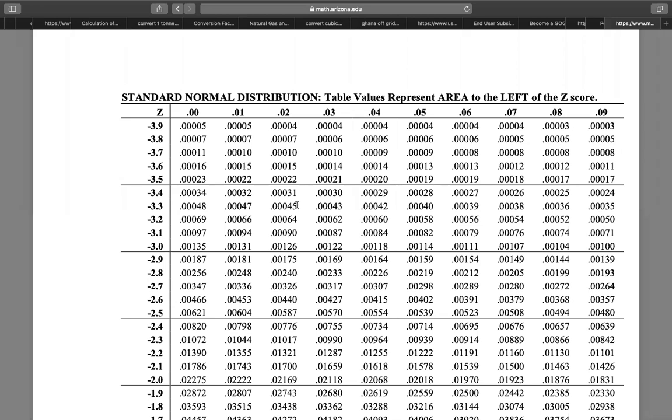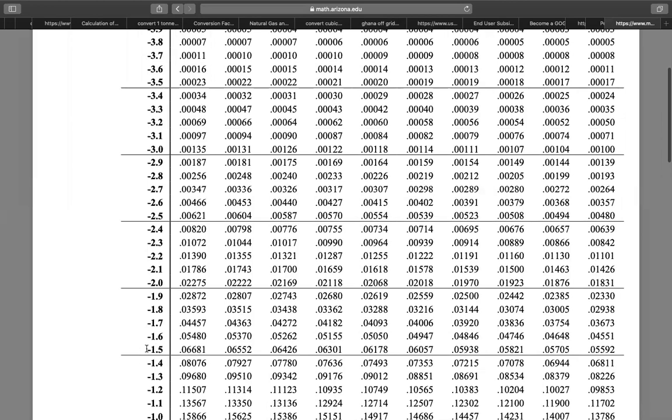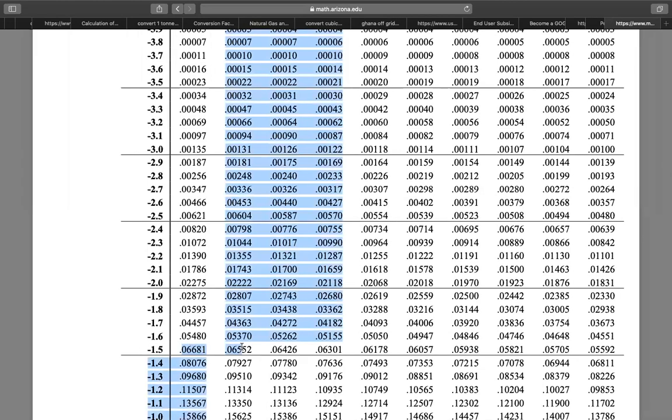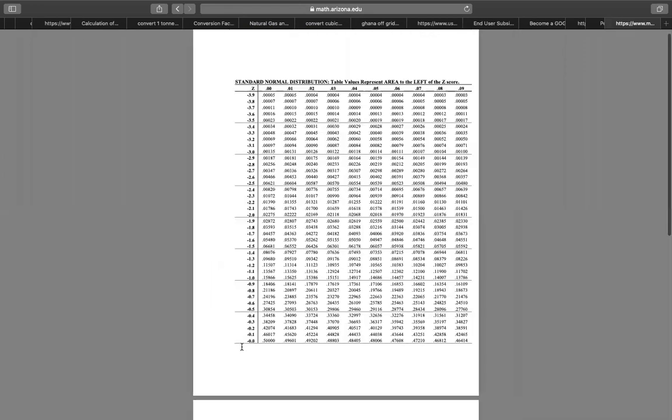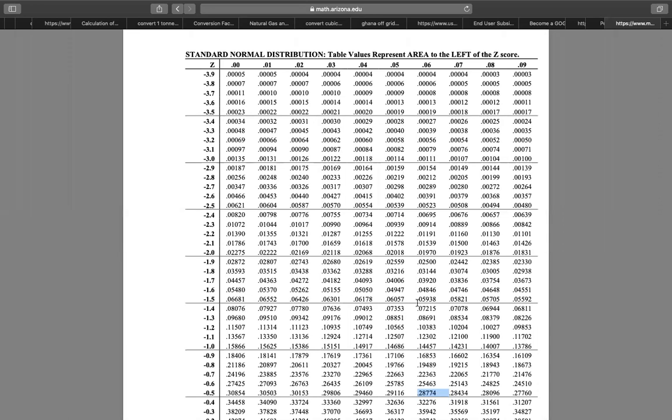Minus 1.5 is here. Let me zoom out a bit. So we trace it down to 0.06. What do we get?